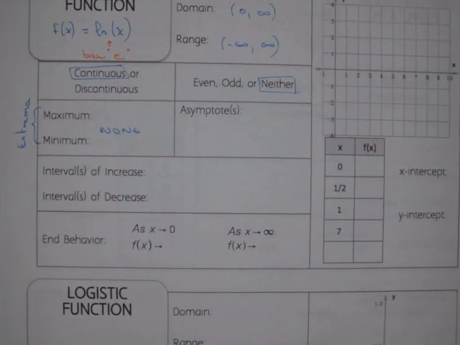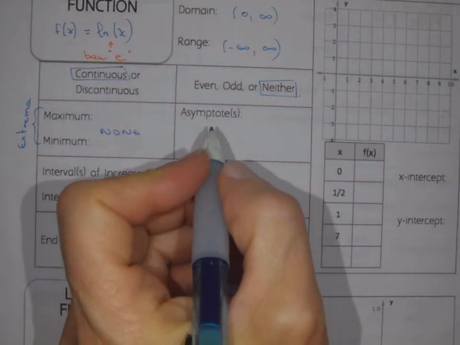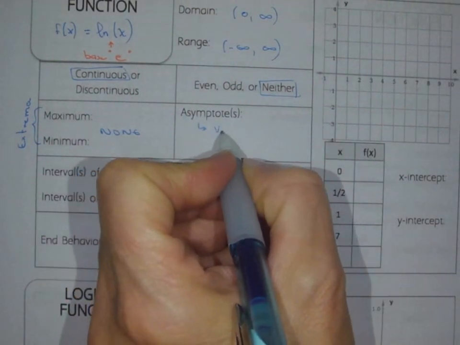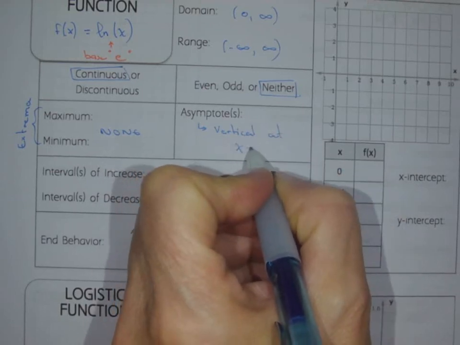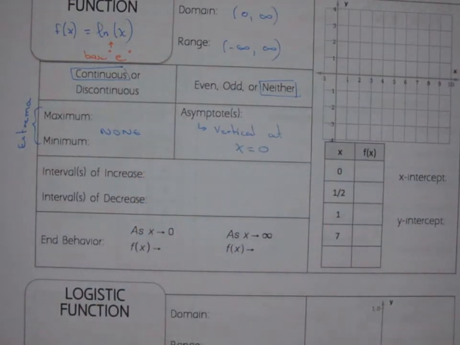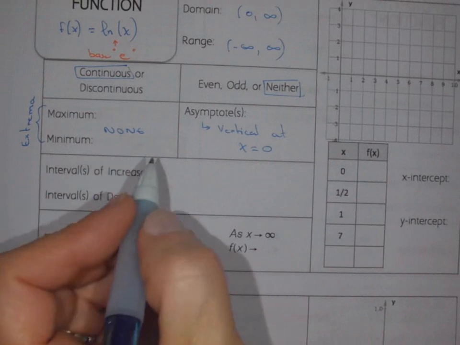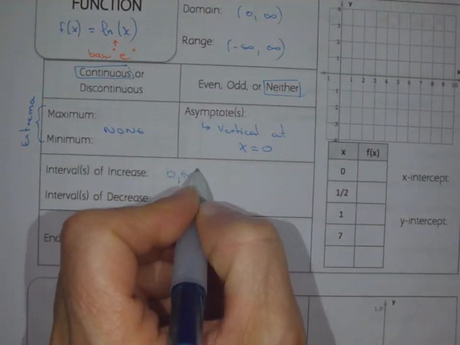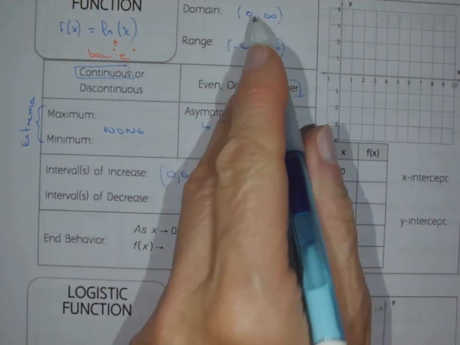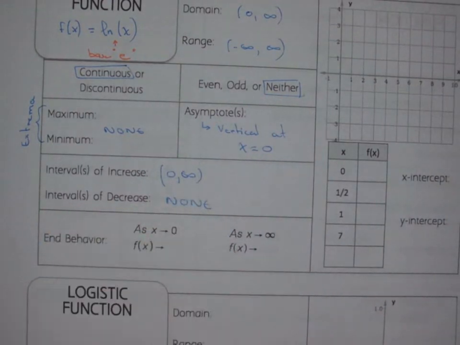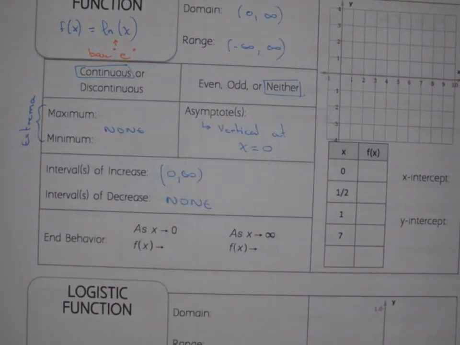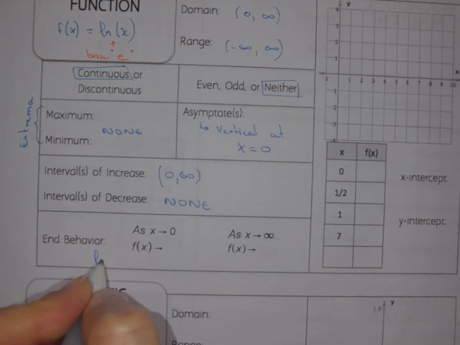The asymptote is still going to be a vertical one at x equals 0, same as the other log, right? Interval of increase will still be everywhere on its domain, so same as the domain, and never decreases, so no interval of decrease. And the end behaviors are also the same as the other log.